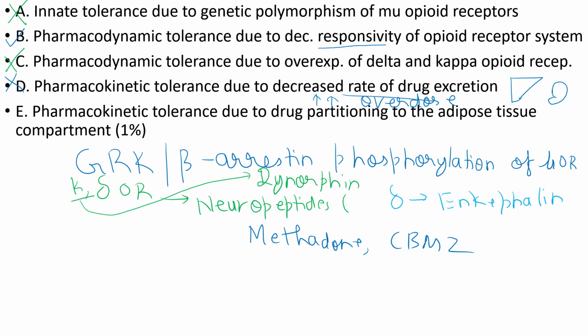Then, last but not the least, pharmacokinetic tolerance due to drug partitioning to the adipose compartment. And this is also wrong because adiposity or increased obesity can lead to pharmacokinetic tolerance by raising the apparent volume of distribution, thereby lowering the plasma drug concentration.